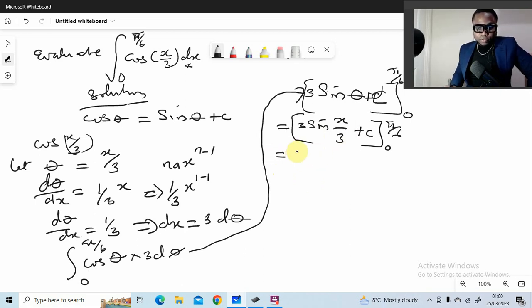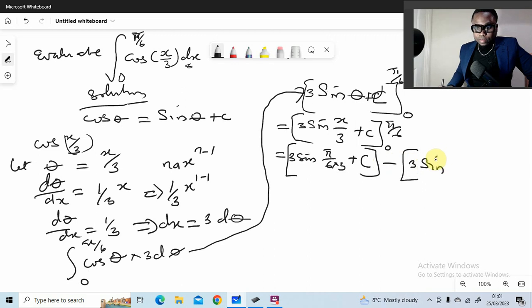So this becomes 3 sine of pi over 6 times 1 over 3, plus c, that is a constant of integration, minus, for the lower limit, 3 sine of 0 over 3 plus constant.